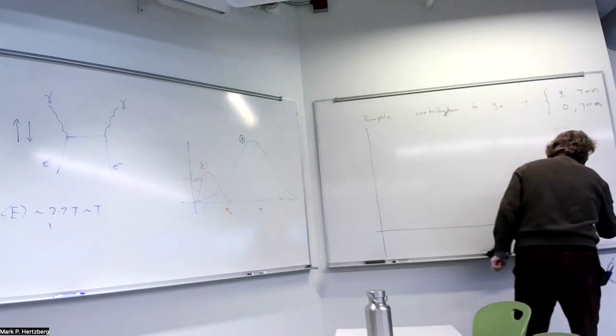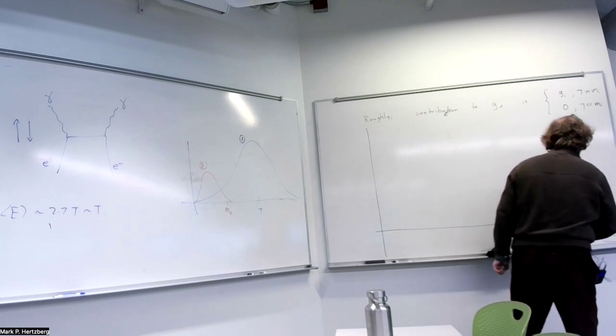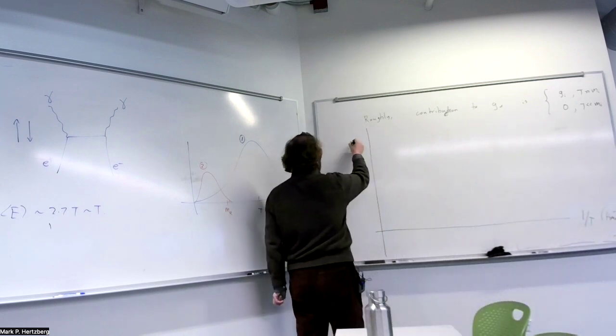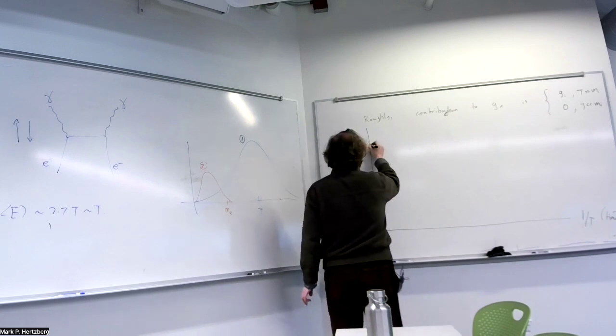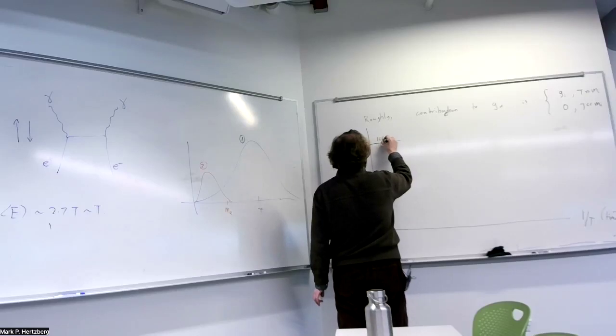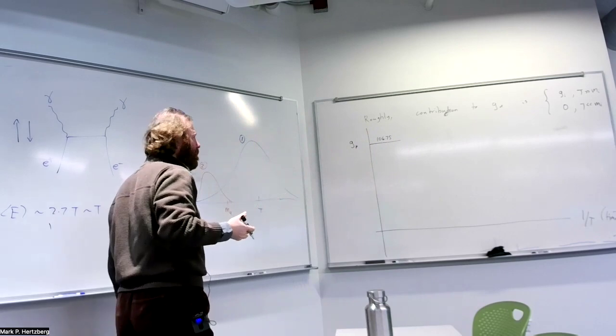Okay, so again, this is 1 over temperature, and this will be related to time, going to the right. And we're going to plot g-star. Okay, so initially, we already said we're at 106.75 from all the degrees of freedom of the standard model.